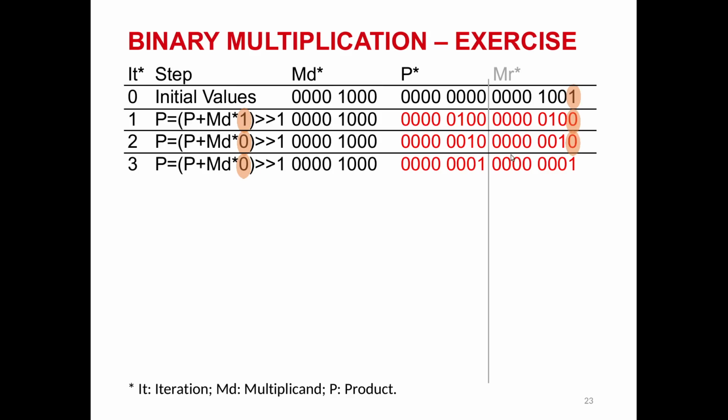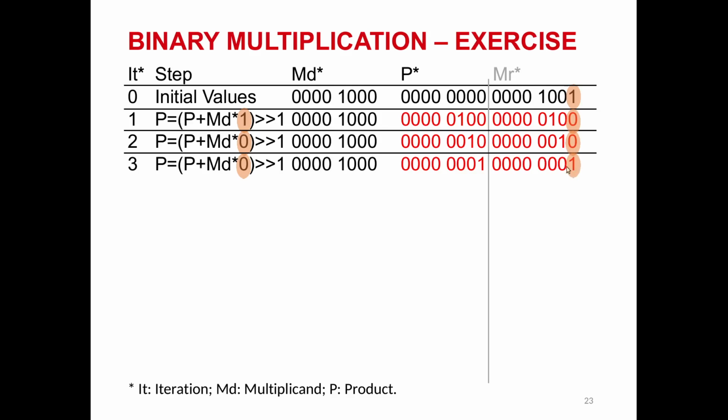So the result, when shifted to the right 1 bit, will change into this result. And here we can see that we have the value 1 located at the end here. It means that the less significant bit of multiplier now is 1.